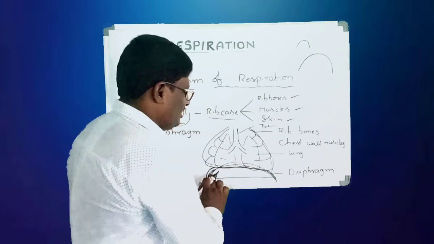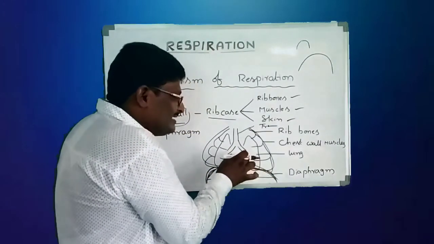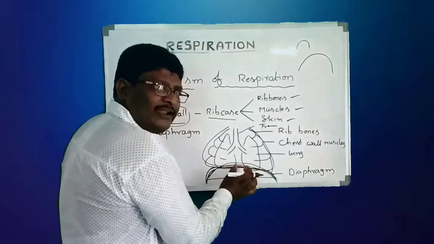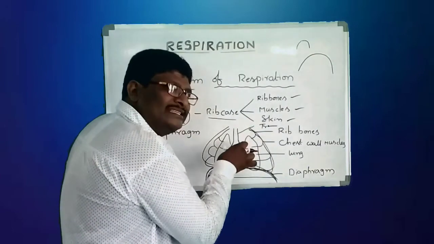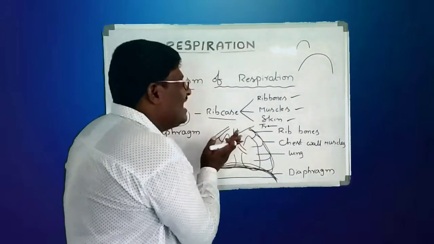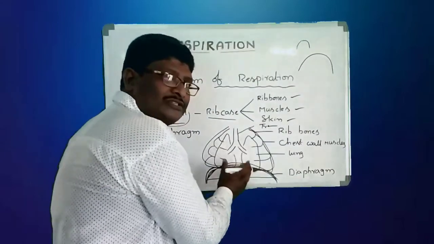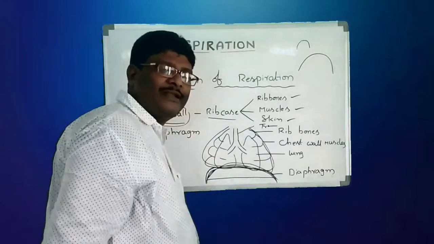When it is formed as a dome-like structure, the pressure created pushes the lungs. When the diaphragm pushes the lungs, the carbon dioxide inside is sent out into the atmosphere. Do you understand what I am telling?